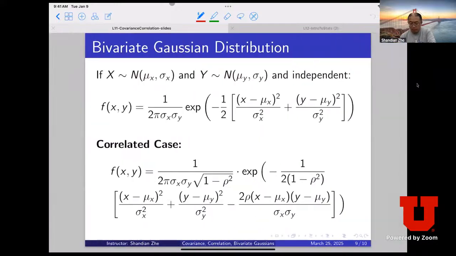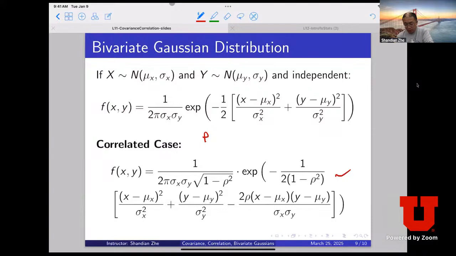So this is the general form, the correlated case, where x and y are dependent. Suppose their correlation is rho. Then the joint density takes this form.